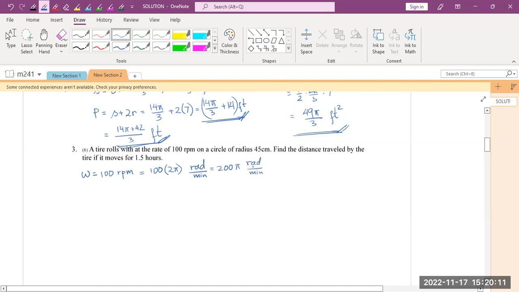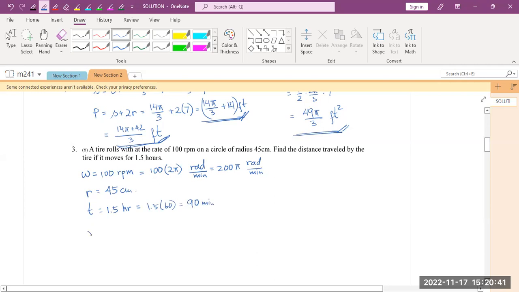The radius is 45 centimeters. The question is, find the distance traveled by the tire if it moves for 1.5 hours. The time, in minutes, is 1.5 times 60, that's 90 minutes.